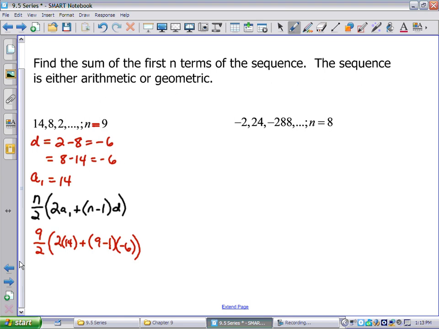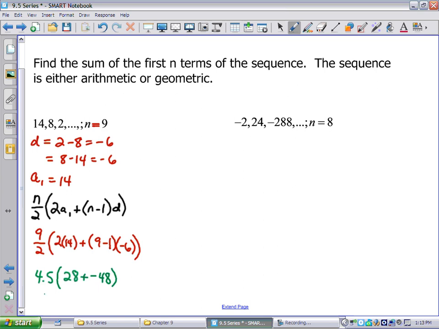Okay, so we have a couple sets of parentheses here, so let's just clean this up a little bit. 9 divided by 2 is 4.5 times the quantity of 28 plus 9 minus 1 is 8, and 8 times negative 6 is negative 48.